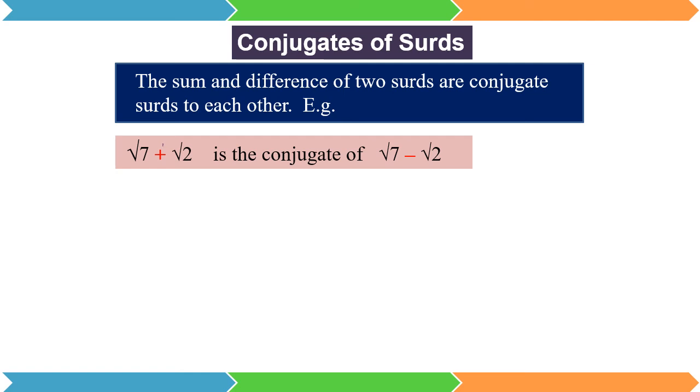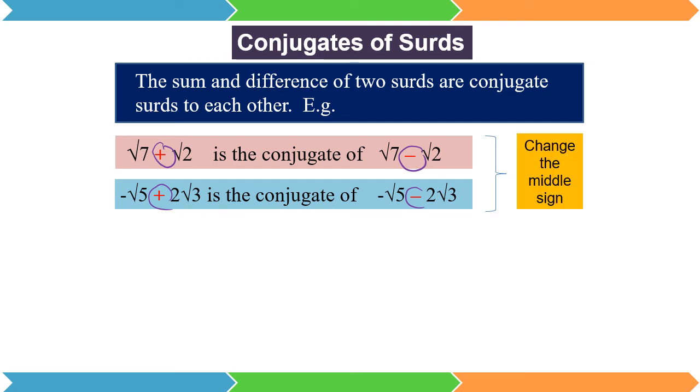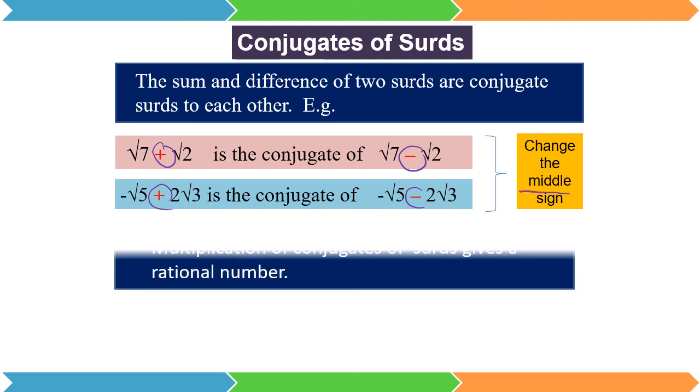So what we have to do is change the second sign. For example, again, negative 5 plus 2 surd 3 is the conjugate of negative 5 minus 2 surd 3. So, plus and minus here. We just change the middle sign.